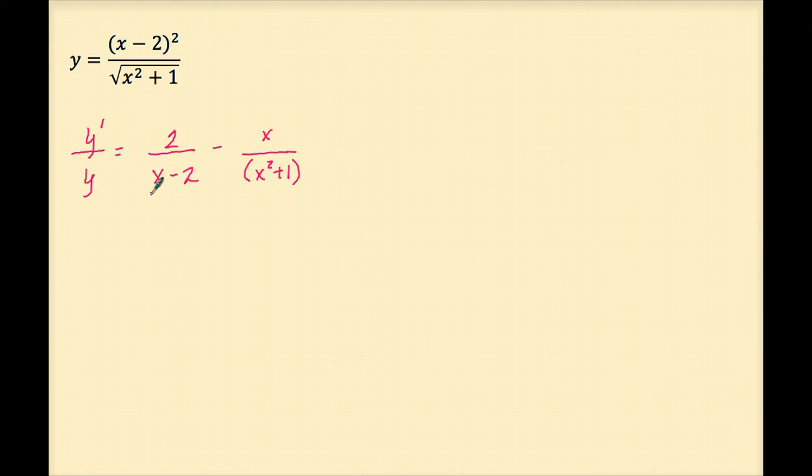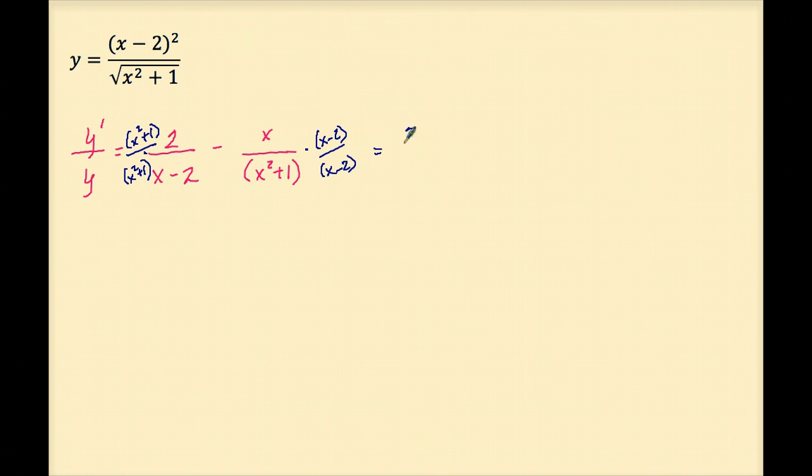And the common denominator of x minus 2 and x squared plus 1 is, of course, x minus 2 times x squared plus 1. So this expression is going to need to be multiplied by x squared plus 1 over x squared plus 1. And this expression is going to need to be multiplied by x minus 2 over x minus 2.